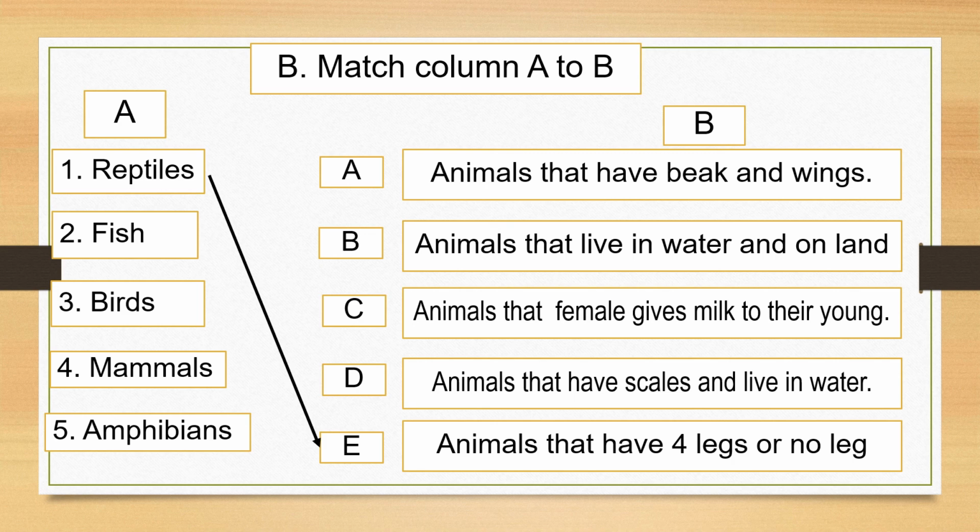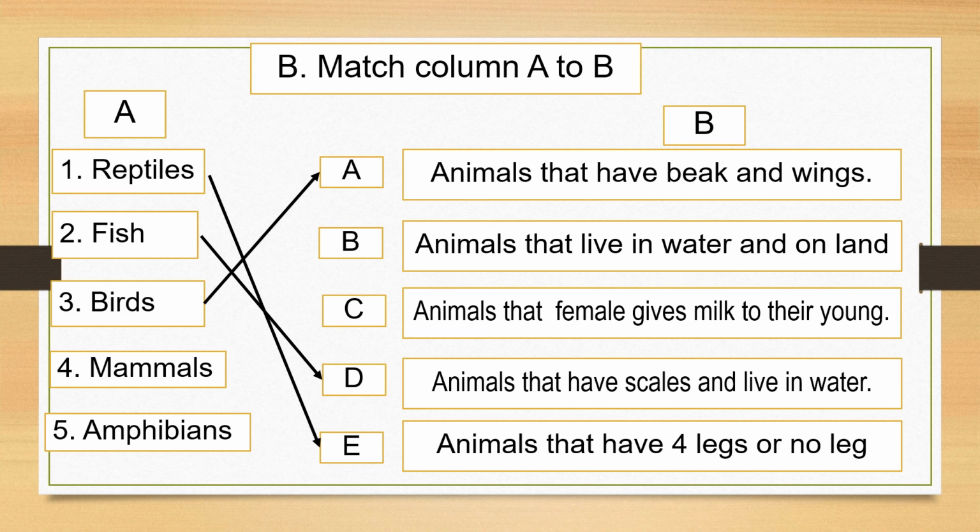Number 2, fish. What are fish? A, B, C, or D? It is letter D. So fish are animals that have scales and live in water. Next, number 3, birds. It is letter A. So birds are animals that have beaks and wings.